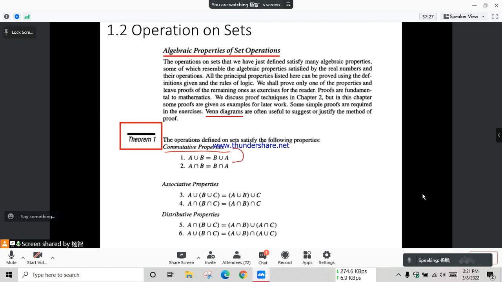In this property, we know that A union B equals B union A, and the intersection of A and B is equal to the intersection of B and A. This is easy to check whether it's wrong or right. Okay, look at the second, the associative property.